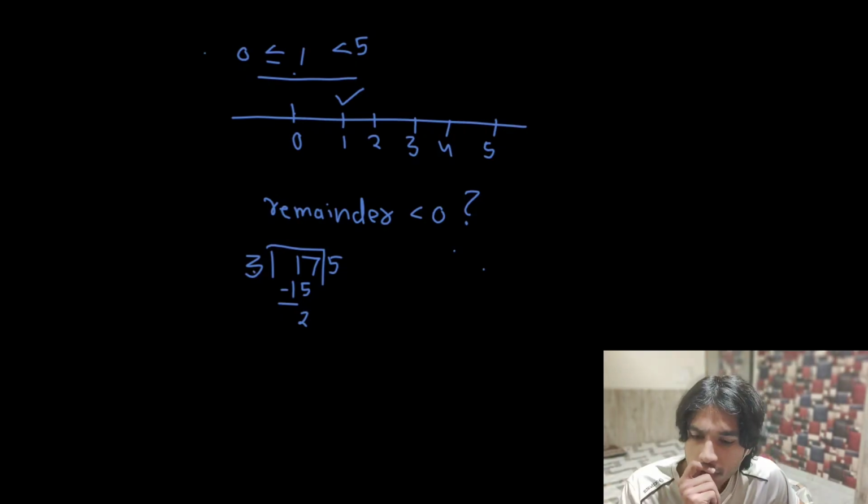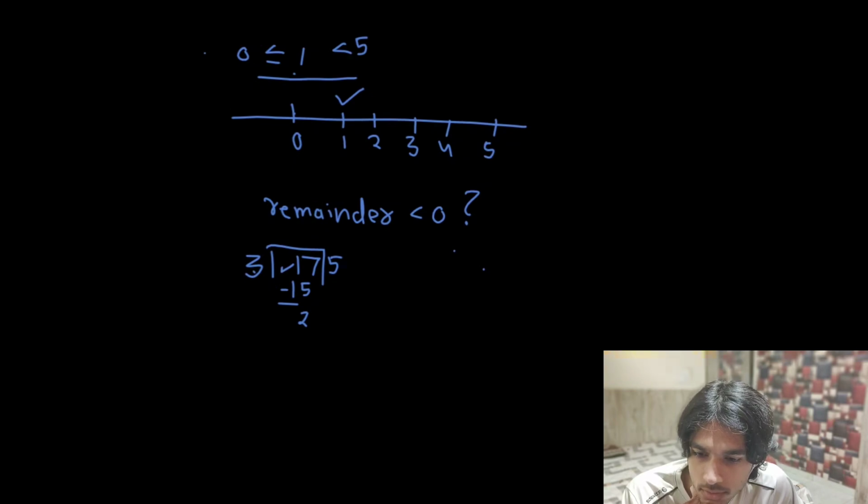So if this is the dividend, whenever I am using this quotient, I make sure that I get some multiple of this divisor, that is 3, such that this number is either equal to 17.